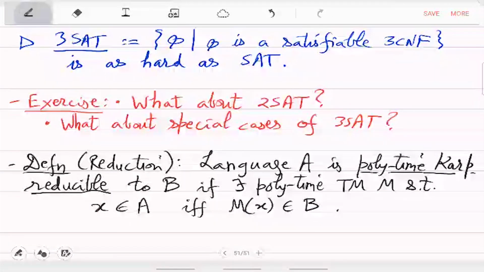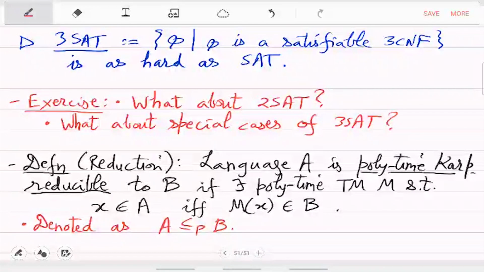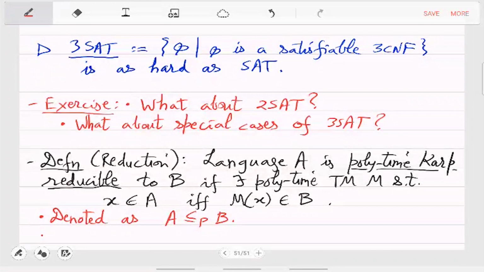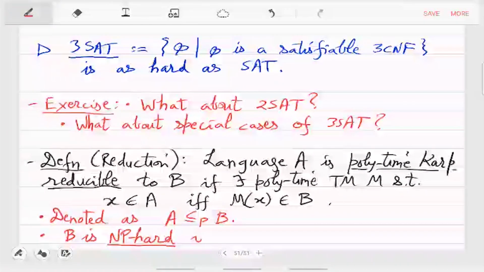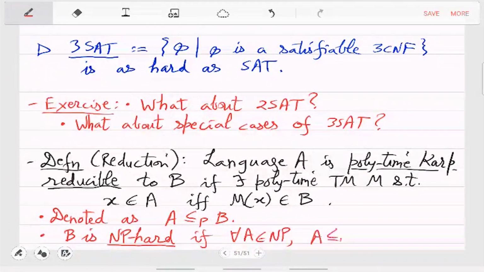Okay, this is a very strong type of reduction, equivalence between A and B, and this is what we define as A reduces in a strong way, so polytime Karp reducible, to B. So B is called NP hard if every problem in NP reduces to B. Right, this is the term you must have heard before, whether a problem is NP hard or not, or just whether a problem is hard or not.